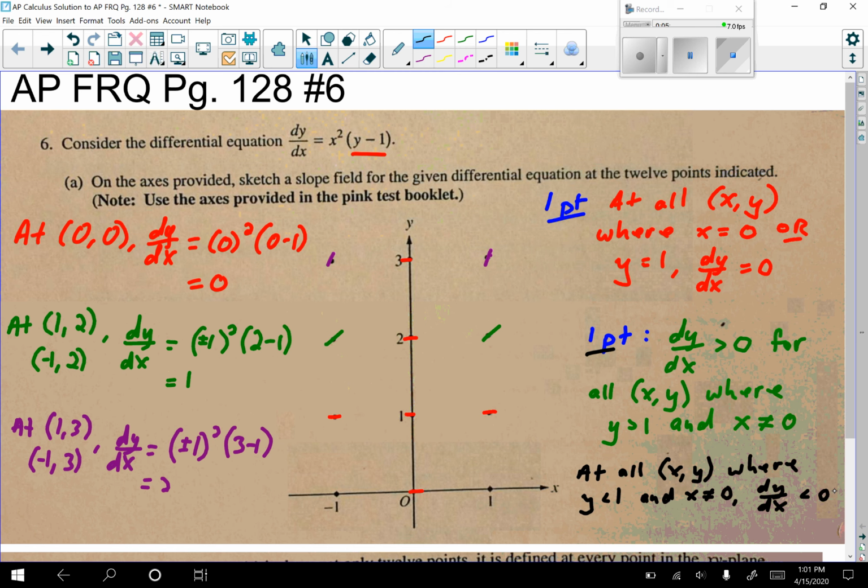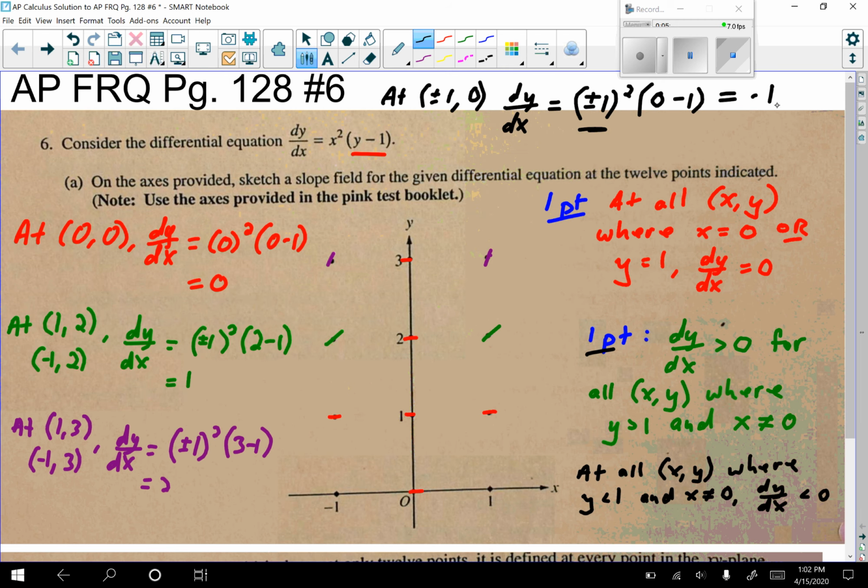So right here at plus or minus 1, 0, dy over dx is going to equal plus or minus 1 squared, and then 0 minus 1. So no matter what, we're going to get a negative 1 because this first value is going to be a positive 1, so that's going to equal negative 1 here. All right, so we get a total of 2 points for part A.